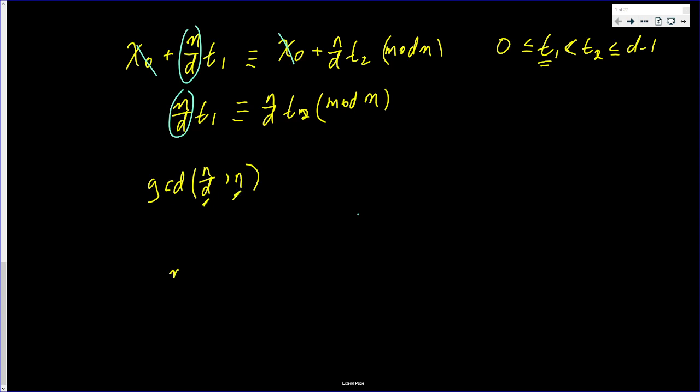Clearly, n over d goes into n over d one time, and likewise, n over d also goes into n evenly. It goes in d times. So it turns out that the GCD is n over d. It can't be bigger than n over d because nothing bigger than this number goes into that number.